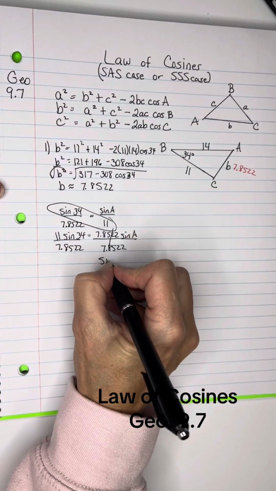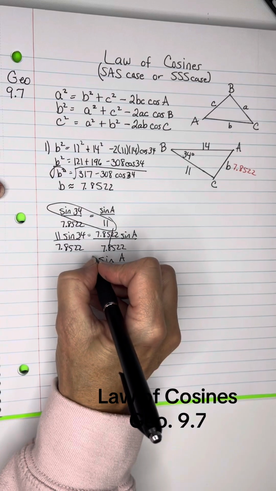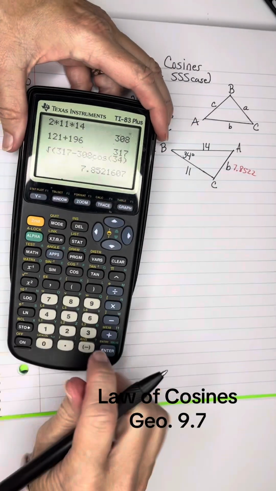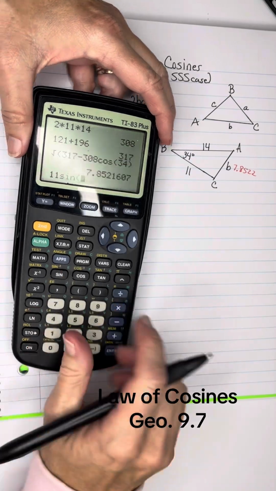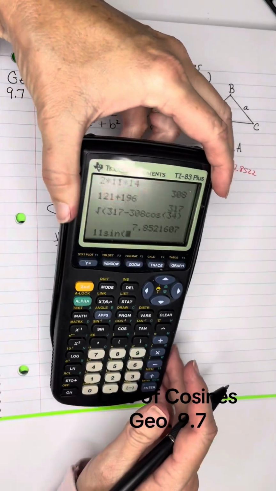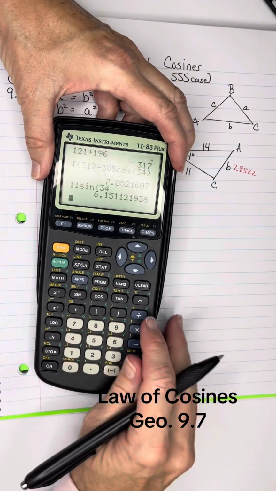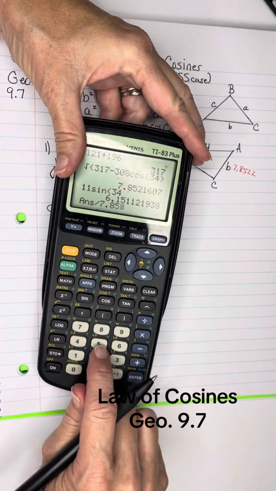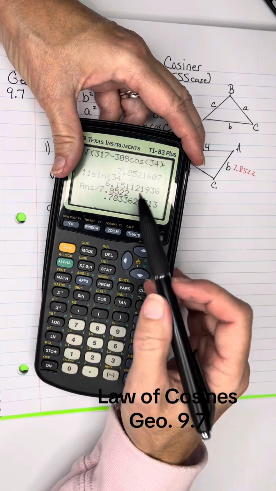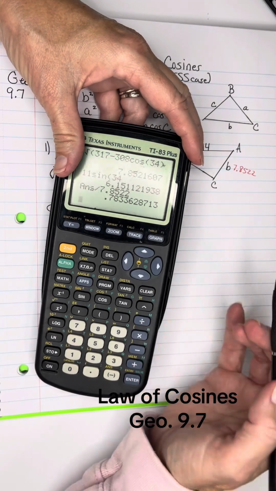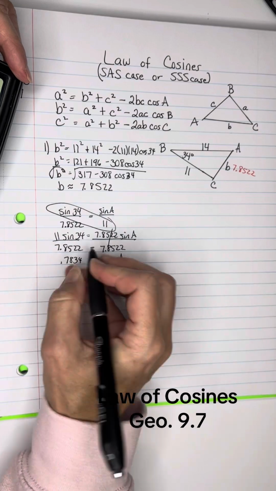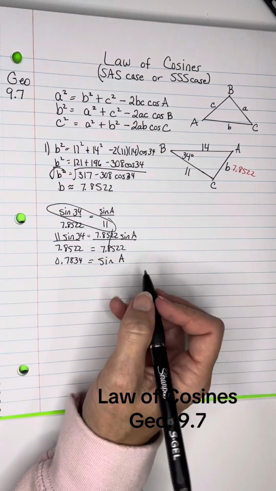And we have sine of A is equal to, put it into the calculator again, 11 sine of 34 divided by 7.8522, which is 0.7834. All right.